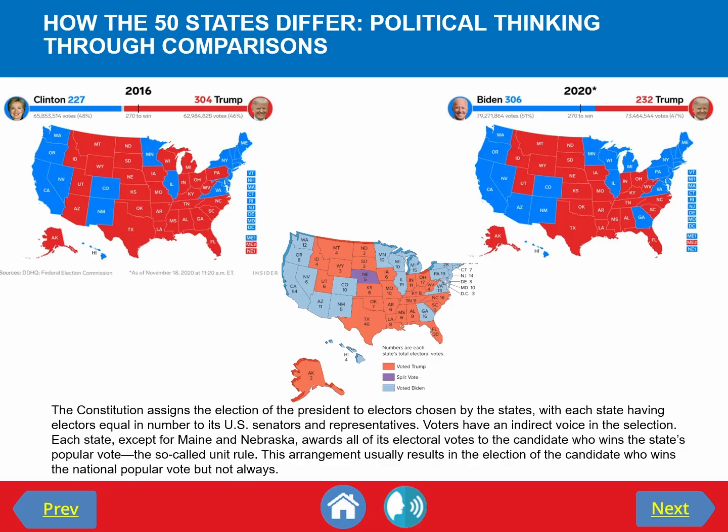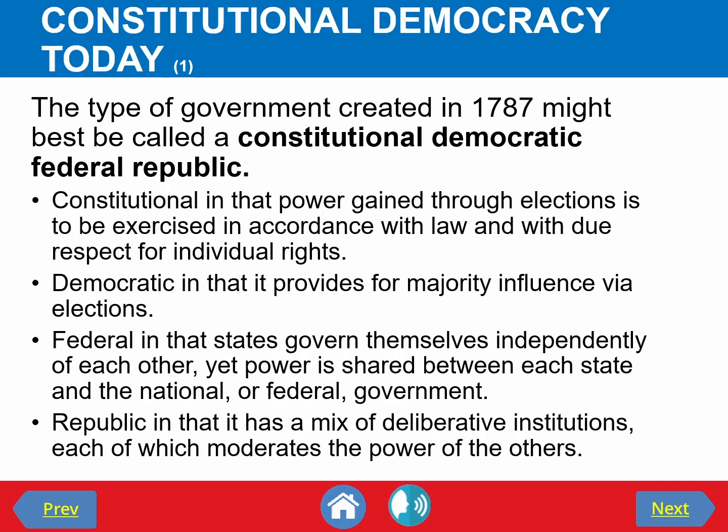But this was not a normal election year. However, 2020 was more like a normal election year, where both the popular vote and the electoral vote went to Joseph Biden.